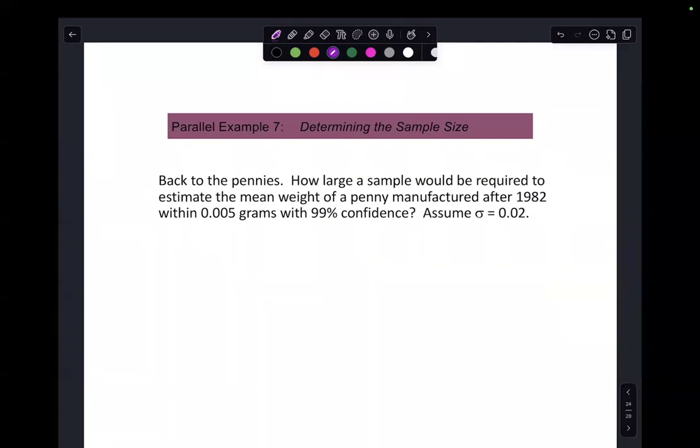Okay. So 99% confidence, I need the z-score that goes with that, so z alpha divided by 2. 1 minus 0.99 is 0.01, 0.01 divided by 2, we're looking at 0.005. This is the z-score I want, and our z-scores are always positive. So even if I get a negative in my calculator, I'm going to use the positive.